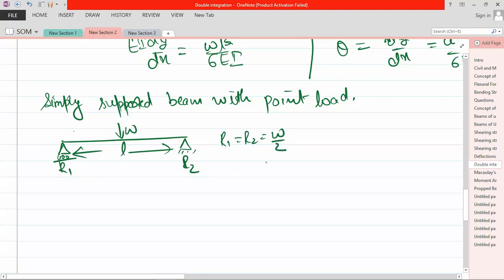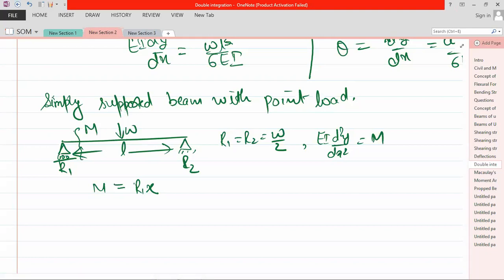Now, the equation that we all use is EI d2y by dx2 is equal to M. Now, what is M? Suppose I take M at this section. So M is equal to R1 into x. Why am I taking it as positive? Because it creates the sagging part, so it is positive.